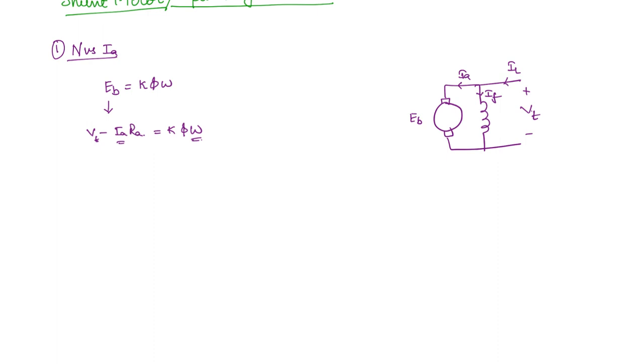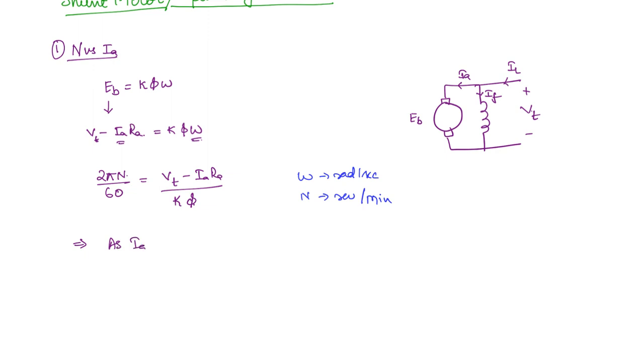So omega you can write as 2 pi n by 60. Here omega is in radian per second whereas n is in revolutions per minute. So 2 pi n by 60 will be equal to Vt minus IA RA divided by K into phi. From here you can see that as IA increases, what will happen to the speed?